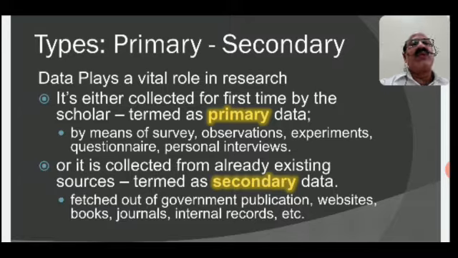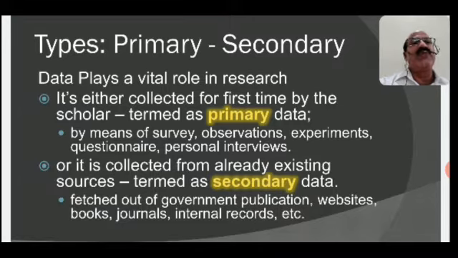Then the other mode of data collection is the secondary. That means you are collecting from already existing data. Someone has already collected it and you are using that same source data. You are not collecting it yourself, basically you are gathering from different sources data which have been generated by others.